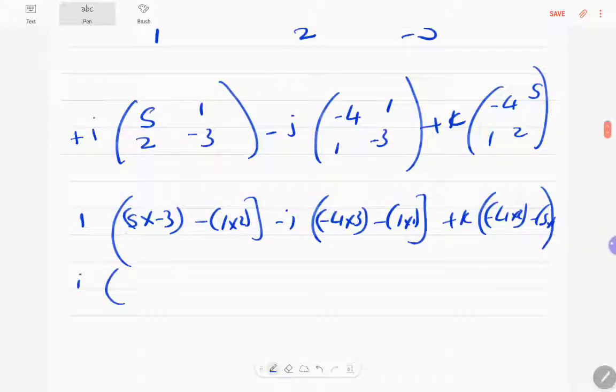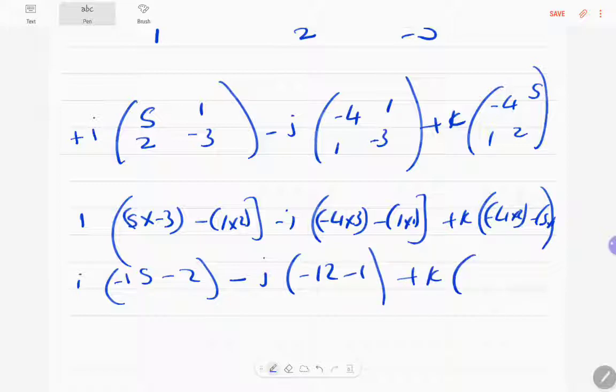For i it is minus 15 minus 2, minus j into minus 12 minus 1, plus k into 4 by minus 2 is minus 8 minus 5.